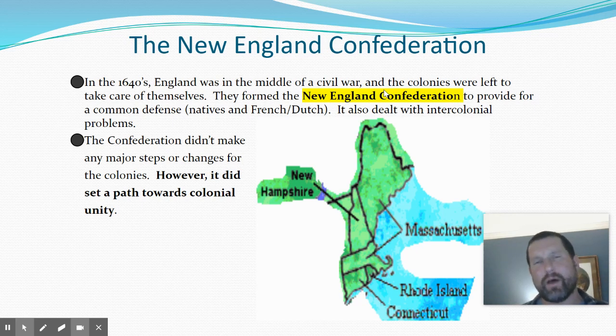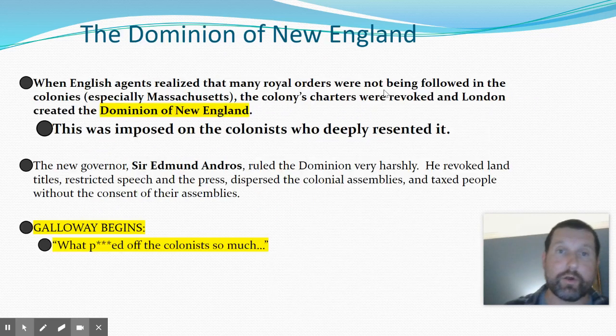It's again another little seed being planted here. It sets a path towards colonial unity, and of course, when we talk about join or die and all that, any impending revolution that's going to take place doesn't take place without colonial unity.